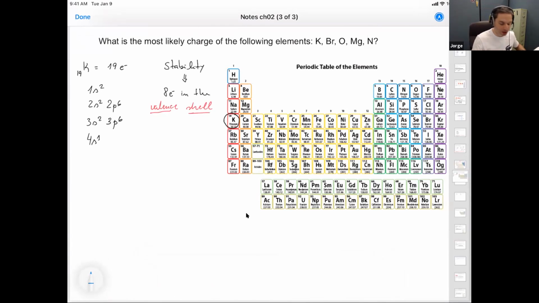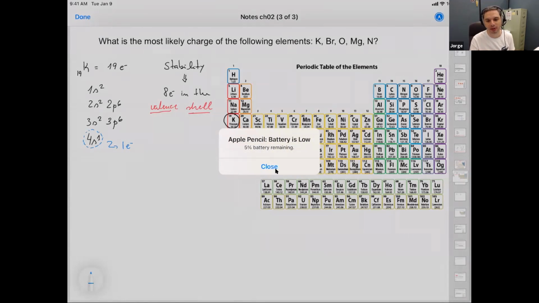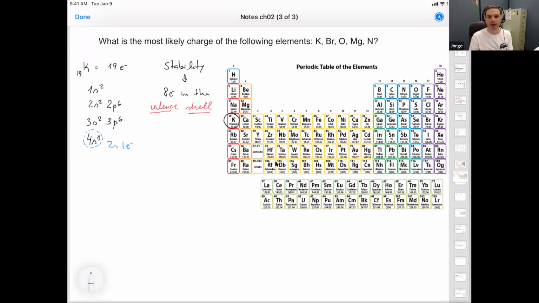If we look at potassium, what's the number of electrons in the valence shell? Just 1. Therefore, potassium is not stable by itself. To be stable, it has to have 8 electrons. So somehow we have to find a way for potassium either to gain electrons or to lose electrons and achieve stability.